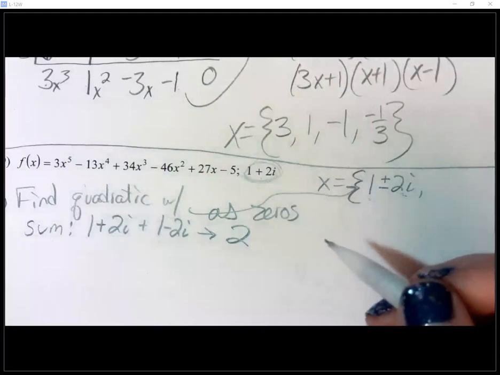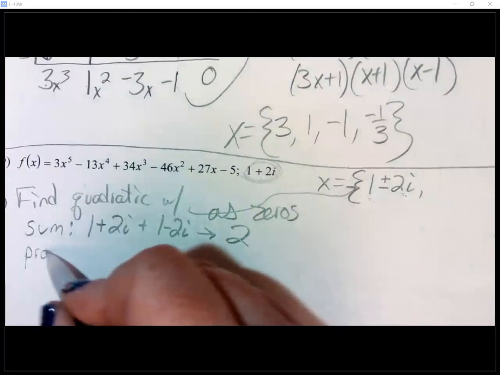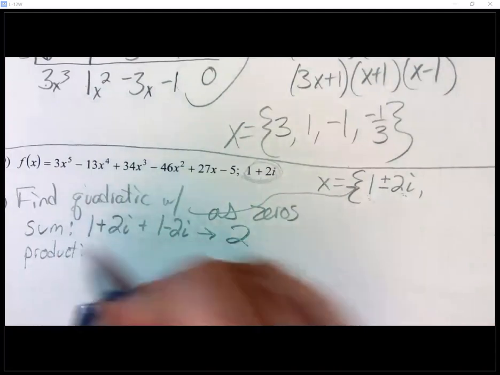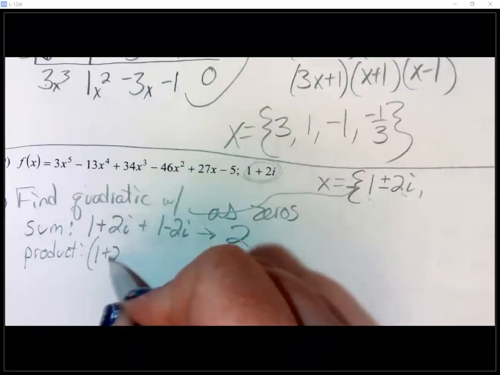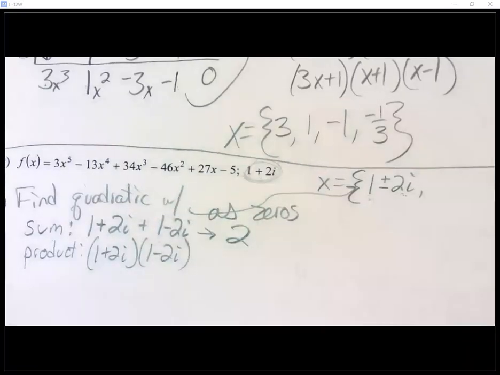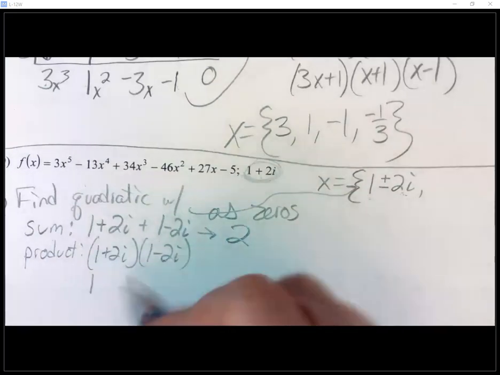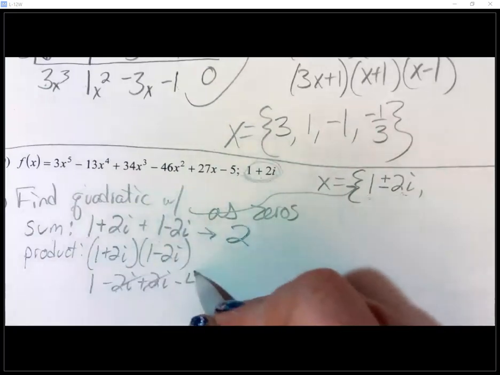Right? You with me? Now let's find the product. So I'm going to do 1 plus 2i times 1 minus 2i. FOIL these two things out and we'll see what comes out. So first one outside minus 2i, inside plus 2i. They're always going to cancel. But then the last is a minus 4i squared.